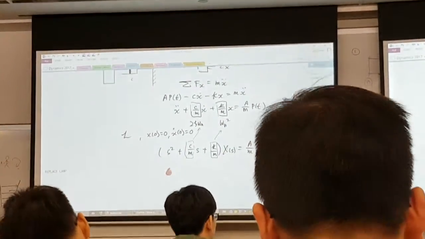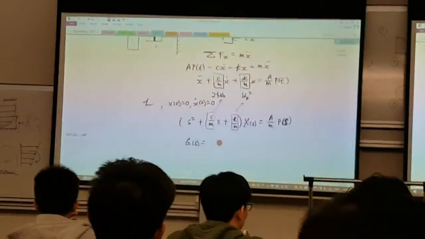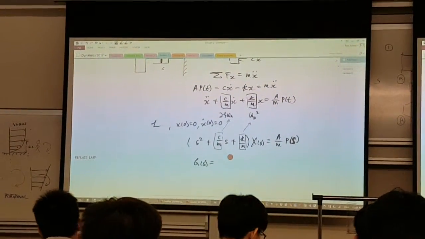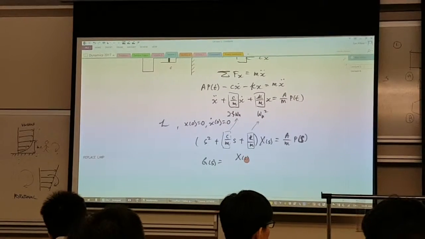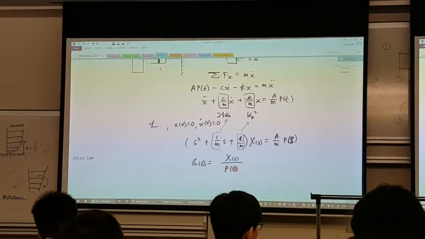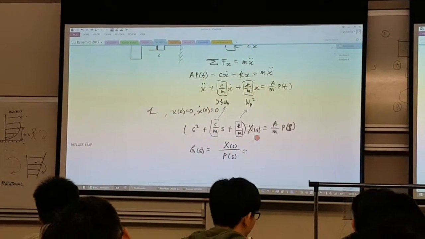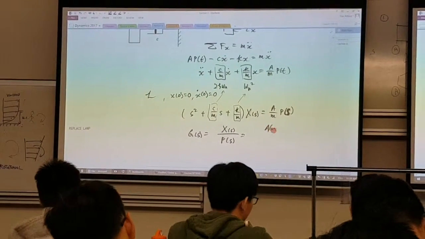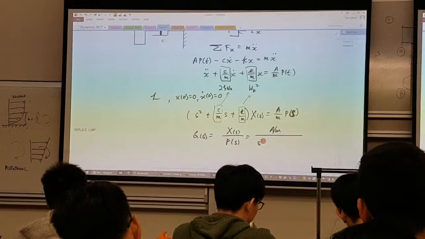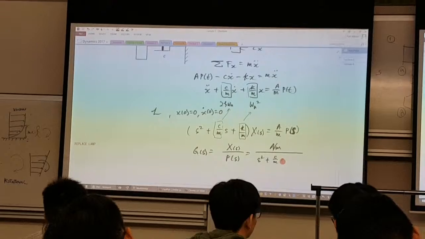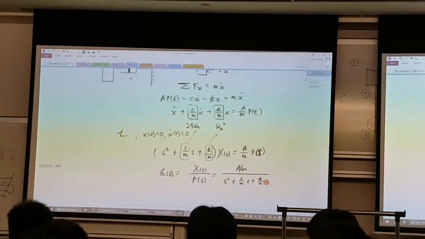So I can write my transfer function now. My transfer function would be the output over my input, and then bring the rest over. That will be s squared plus c over m s plus k over m.